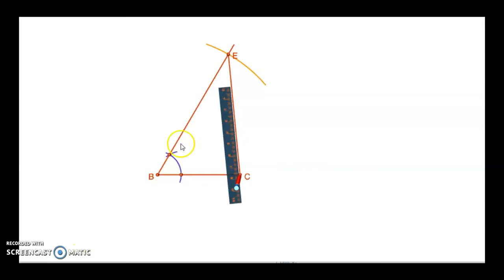To find a point on BE which can make the sum of AB and AC as 12, we need to construct the perpendicular bisector of the line segment EC.